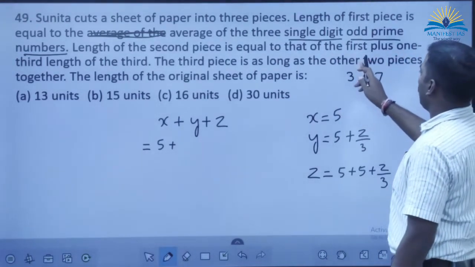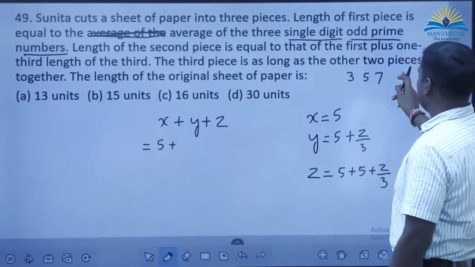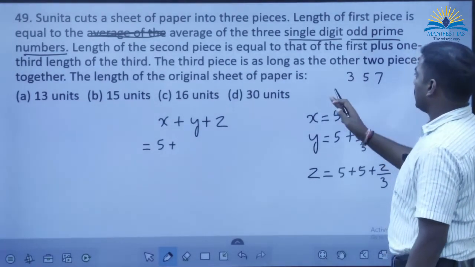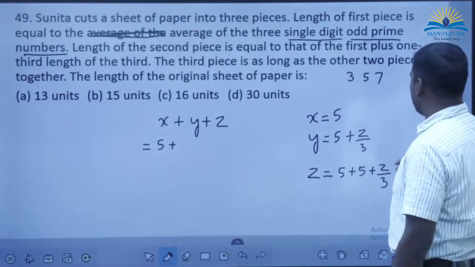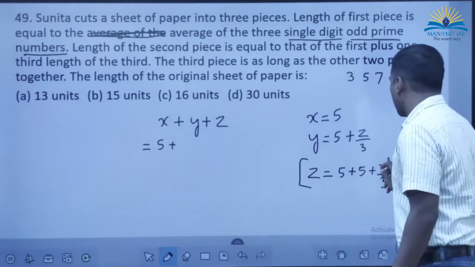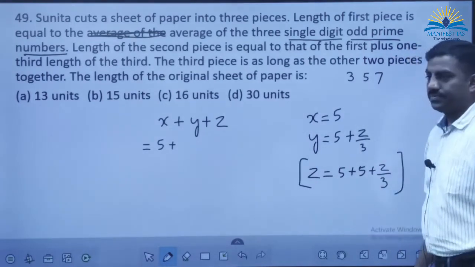Length of the second piece is equal to that of the first plus 1/3 of the third, okay. The third piece is as long as the, yeah, see, look at this.